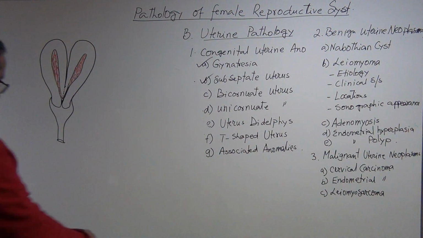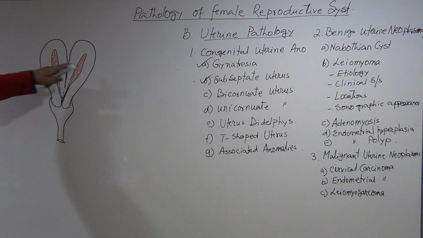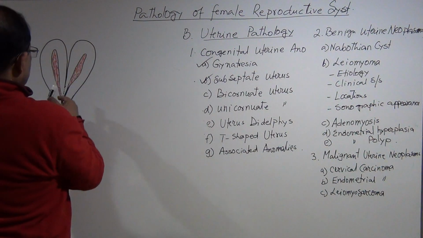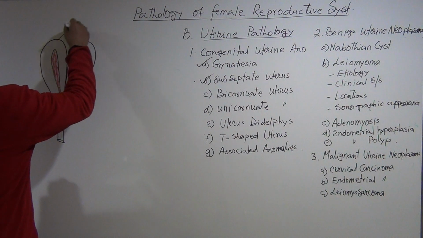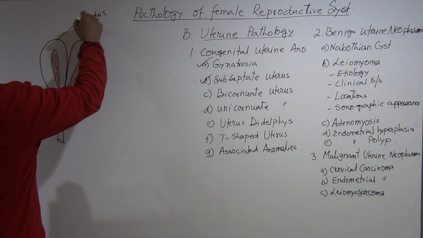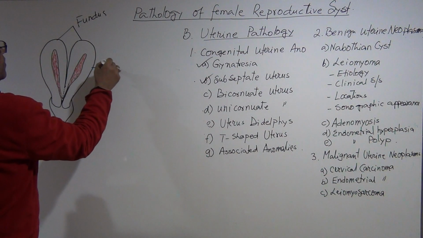Okay, so now you can say, oh, that means the septation went down too far, close to the cervix. I will say yes. That's why the body and fundus are separated. So now these are the fundus, and then body.